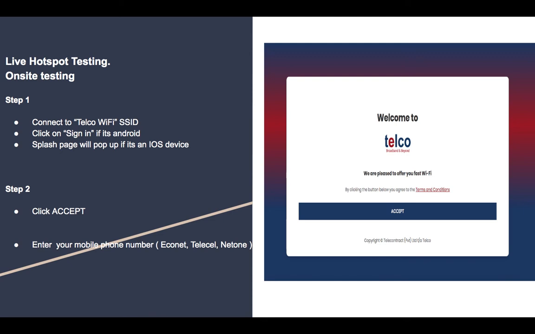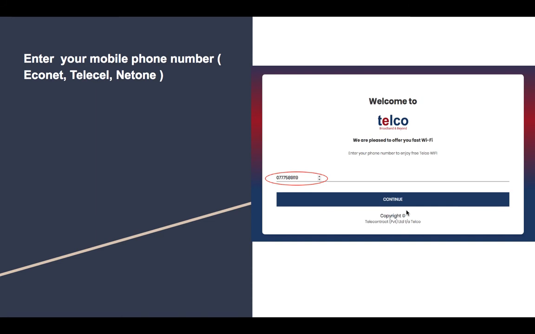The second thing you need to do is just sign in or click where it says sign in. If it's on Android, or if it's an iOS device, it's going to pop up a splash page, this page you're looking at here, which says welcome to telco. Then click on accept. That's the second step. After that, it's going to ask you to enter your mobile number. Then just say continue.